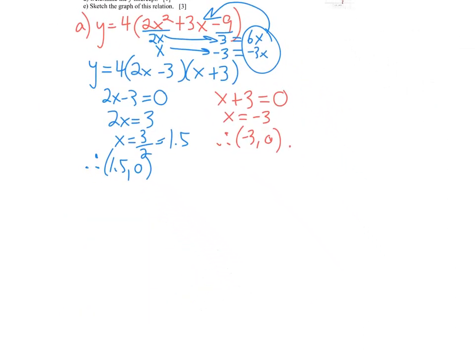So in general, the equation for the axis of symmetry is x equals h, and h is the x-coordinate in the vertex.